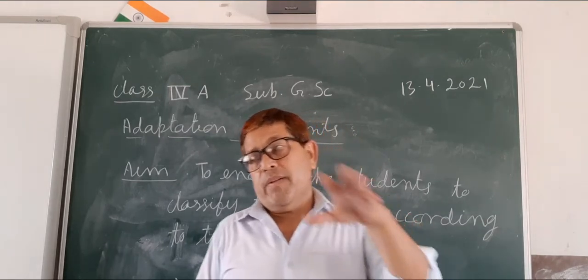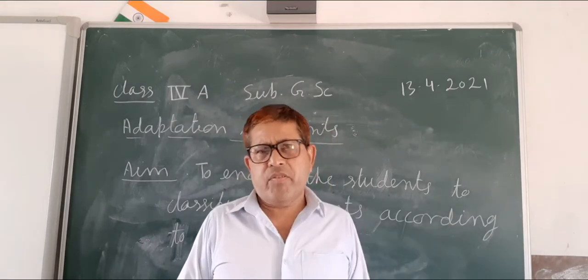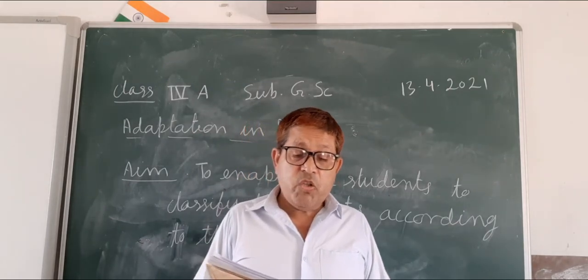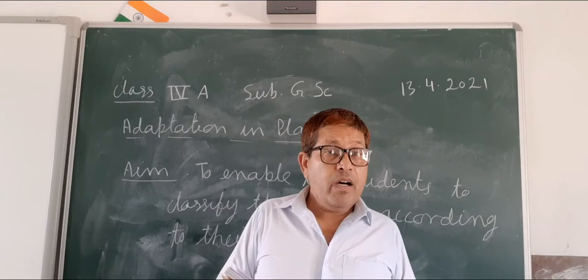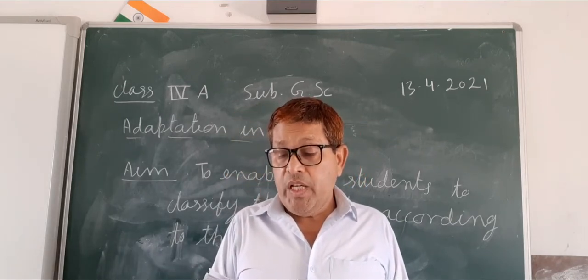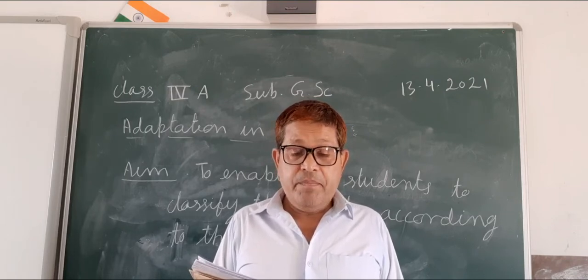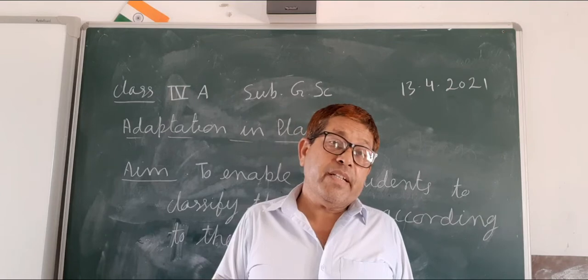Plants are found in the plains. Everywhere plants are found. Plants grow almost everywhere on earth. Plants have adaptations to help them survive in different areas.